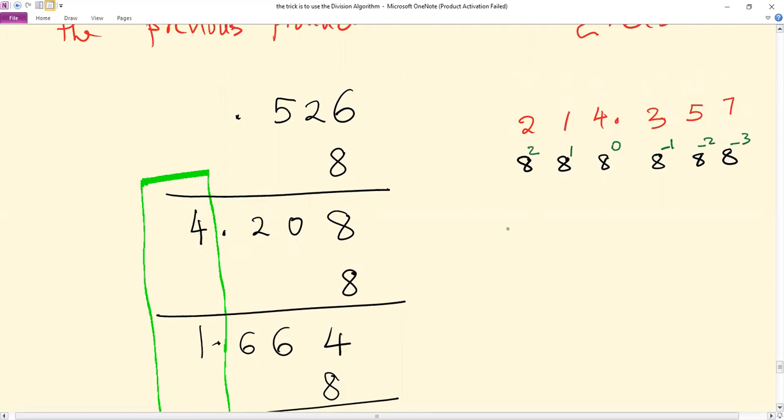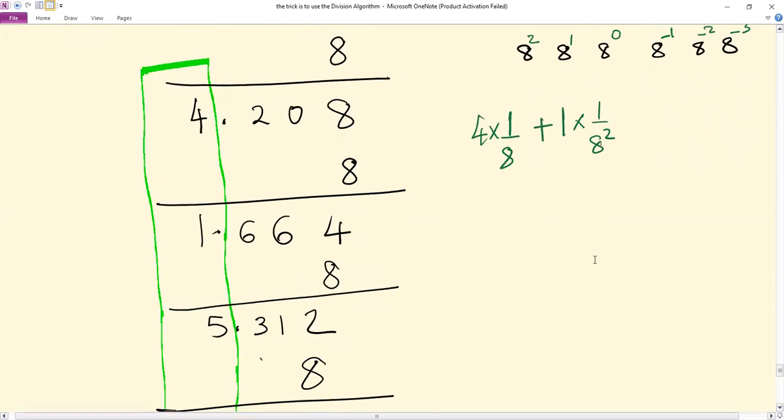So the total value will be 4 times 1 over 8, or 8 raised to power negative 1, plus the next one will be 1 times 1 over 8 squared, and then the value of the next number would be 5 times 1 over 8 to the power 3, and then you try to get these sums to see whether they agree with the decimal we have, 0.526.